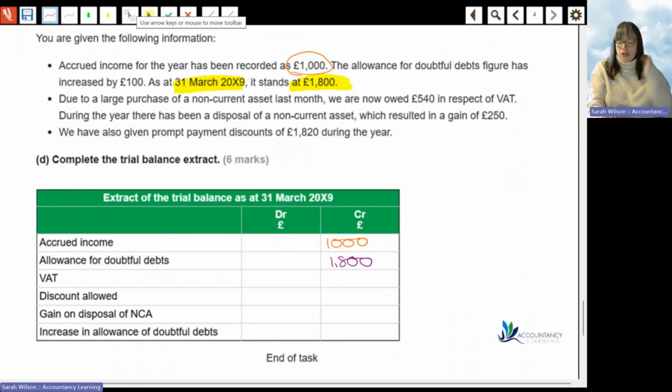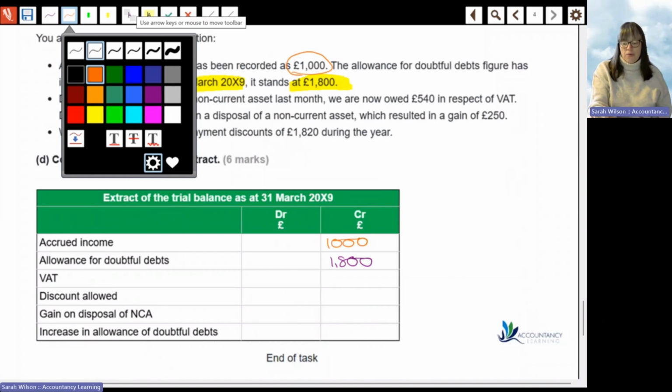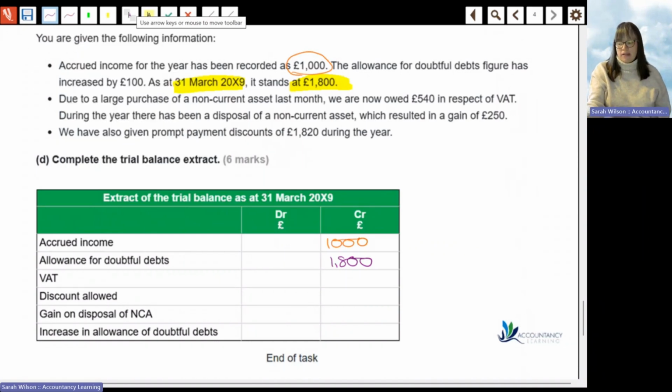VAT, we're told that due to a large purchase of non-current asset last month, we're now owed £540 in respect of that. So if HMRC owe us, then we will have a debit balance on our VAT control account.